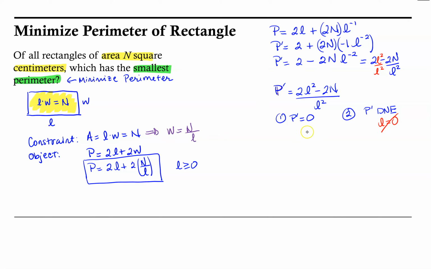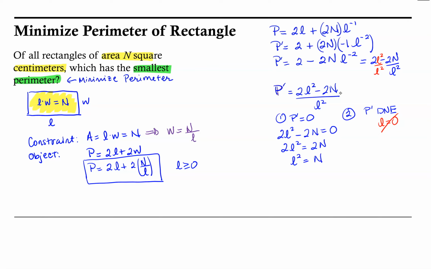Coming back to our first source of critical points, for P prime to equal 0, the numerator of that function must equal 0. So we'll have 2L squared minus 2n equals 0. Add 2n to both sides of the equation. We get 2L squared equals 2n. Dividing by 2, I get L squared equals n.